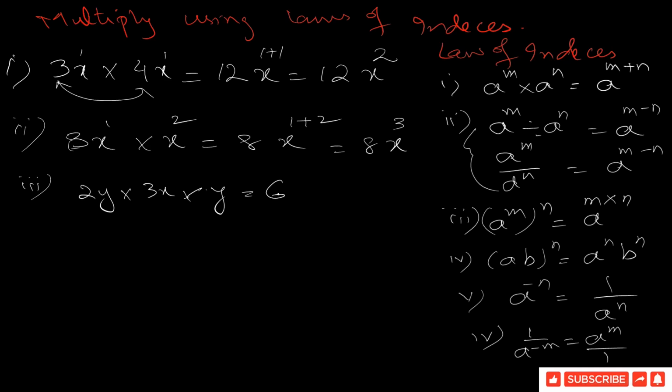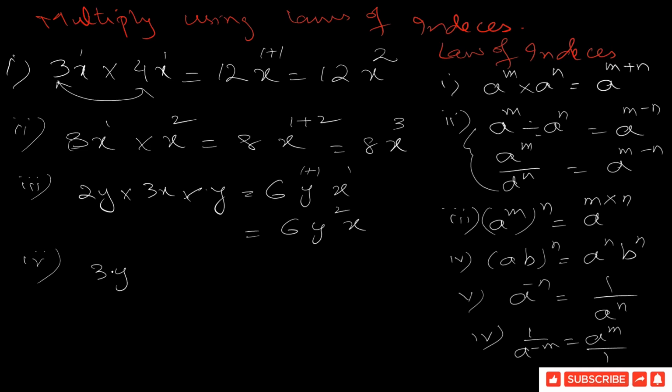So we write 6 right away. Now there are 2 y's, so we write y power 1 plus 1 and x power 1 as it is. We do not write x power 1. We write simplified 6 y power 2 and x.